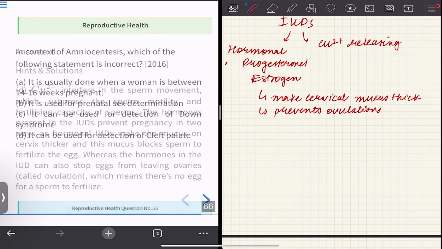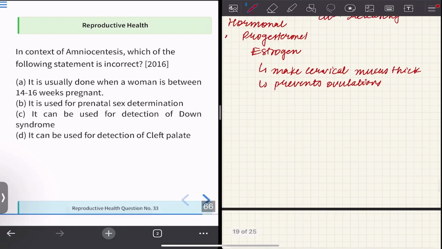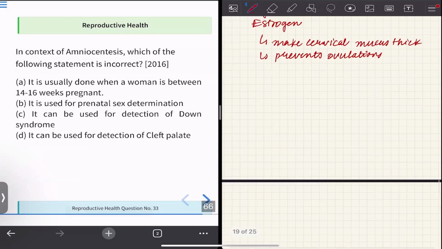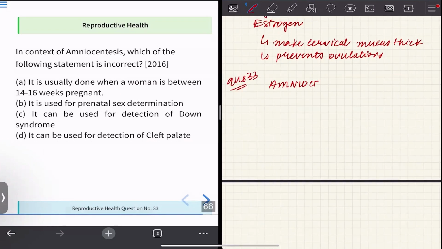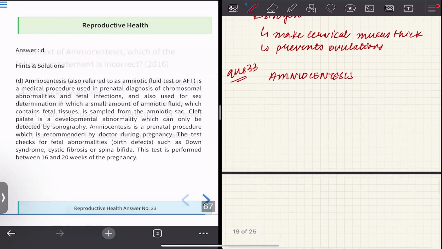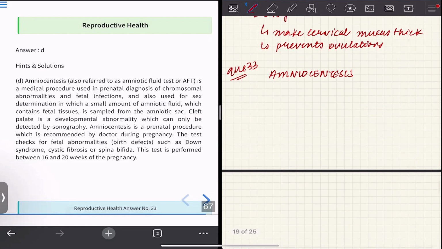Moving on to the next, we have amniocentesis again. Question number 33. Amniocentesis, which is known as the amniotic fluid test, is a medical procedure done for prenatal diagnosis. Prenatal means before delivery.